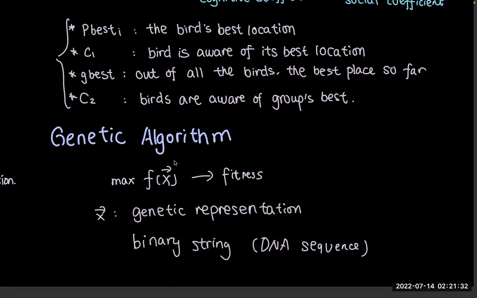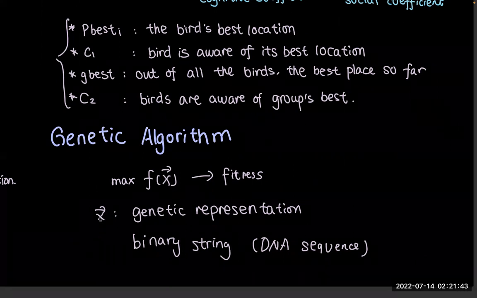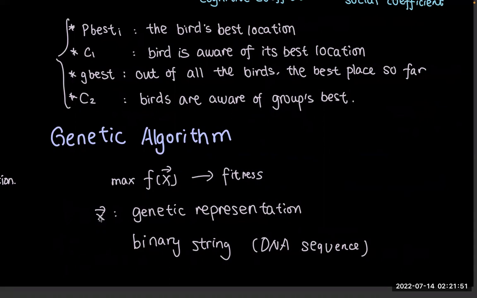For the genetic algorithm, the first thing we need to do is represent x as a genetic representation, that is, as a binary string. x may be within a discrete space, and we still need to find a way to represent a discrete configuration as a binary string. But x may also be a continuous value. In that case, we just use a binary expansion for this continuous value.